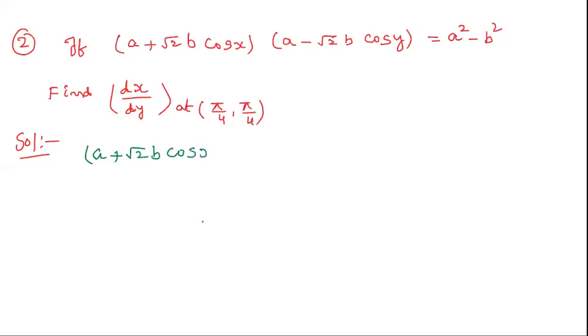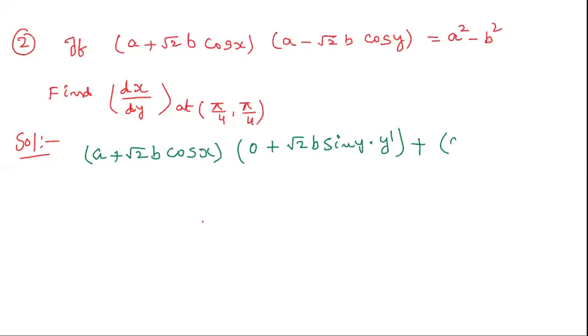So (a + √2 b cos x) into (a - √2 b cos y). This is a constant. Now do the differentiation: 0 minus √2 b, the derivative of cos y is minus sin y, so minus into minus is plus, into y', plus.